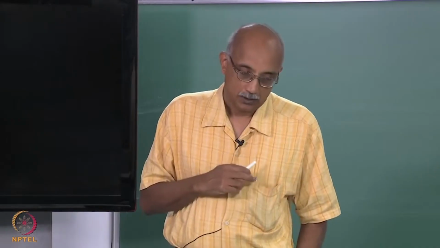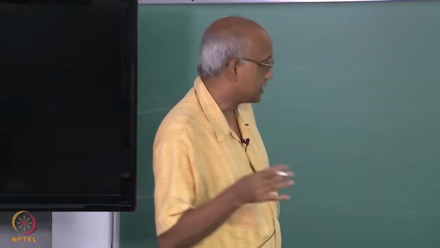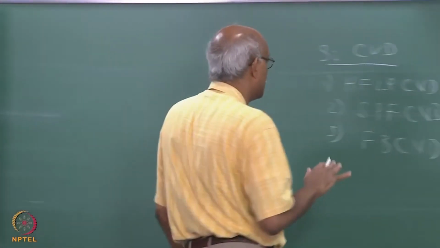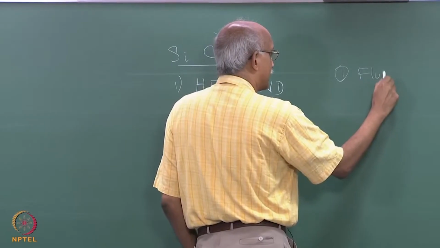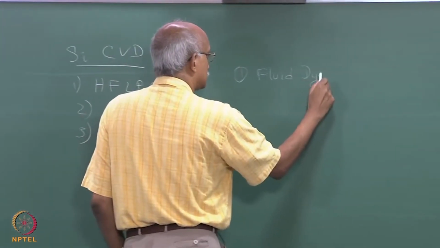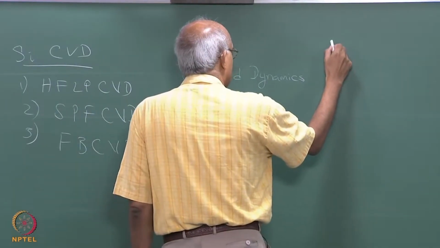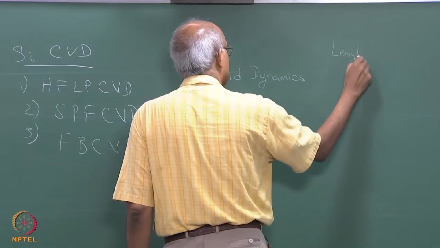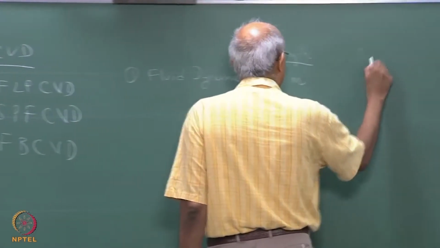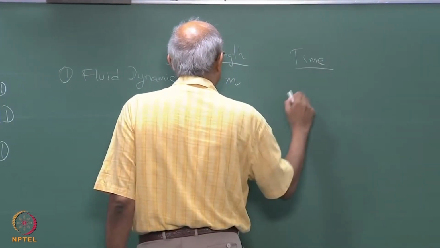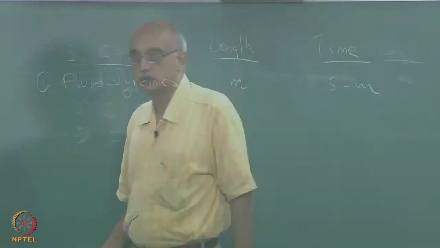For example, if you look at the CVD process itself, we have previously broken it down into the first part, which is essentially the fluid dynamics, which on the length scale can be of the order of meters, and on a time scale could be of the order of seconds to minutes.